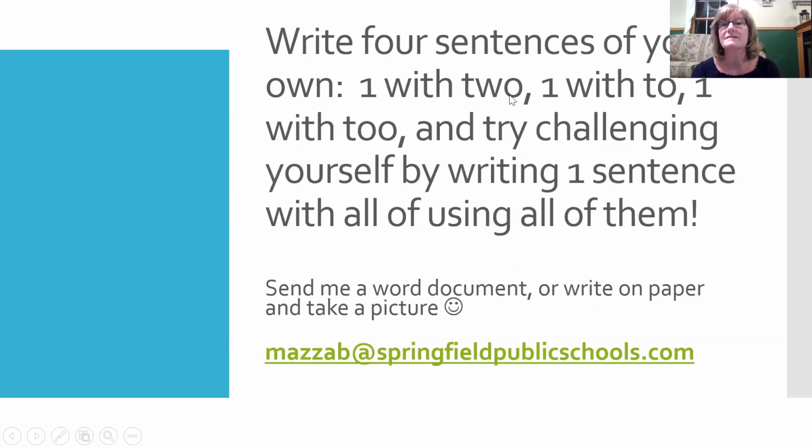The second sentence, I would like you to try to write a sentence with the word to spelled TO. The third sentence, I would like to have you write with TOO. The fourth sentence, I want to see if you can do what I did. It took me a while, but I was able to put a sentence together that used all 3 versions of the word to. I want to see if you can do that as well.